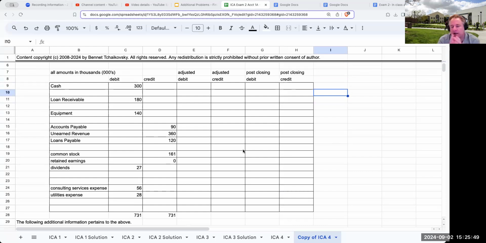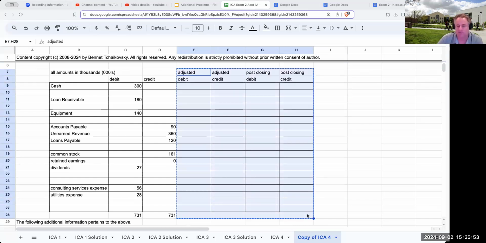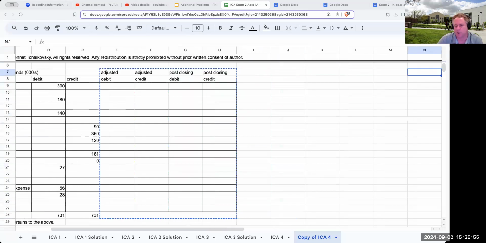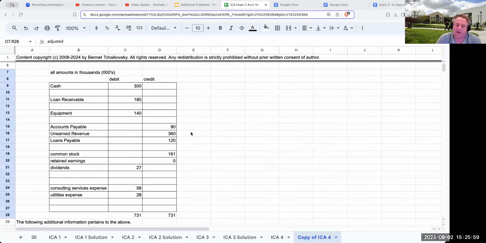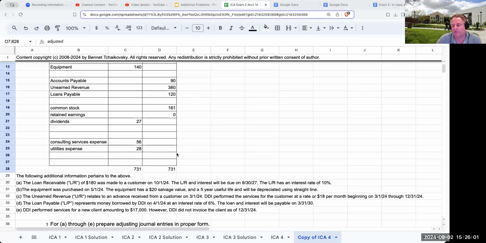The way that I like to test is to start students off with an unadjusted trial balance. I have examples where I've listed out transactions for the students to record, but I like doing it this way because we're getting right to the heart of the matter, which is doing adjusting entries.